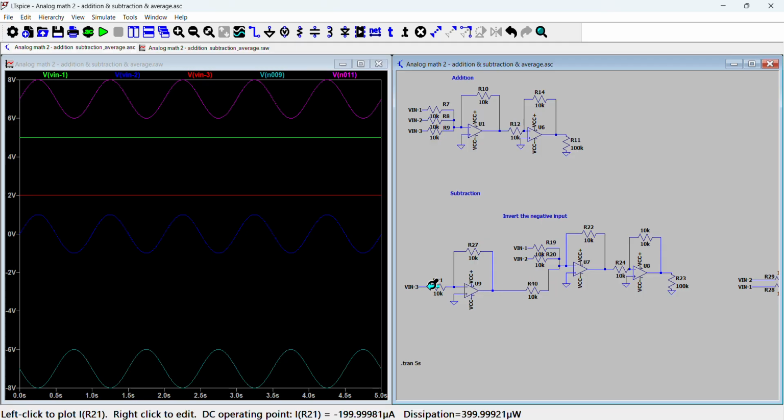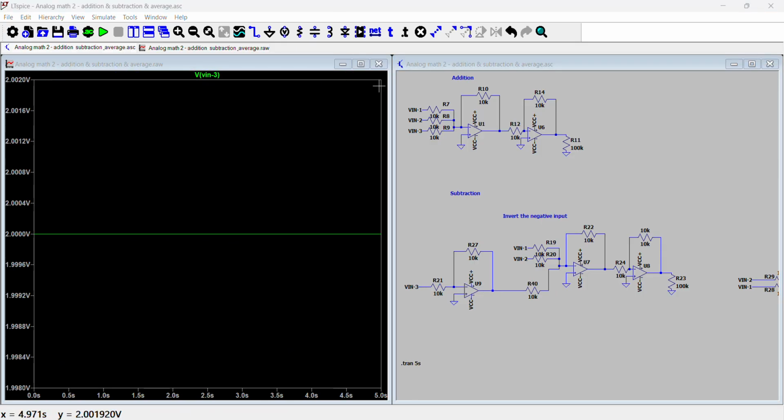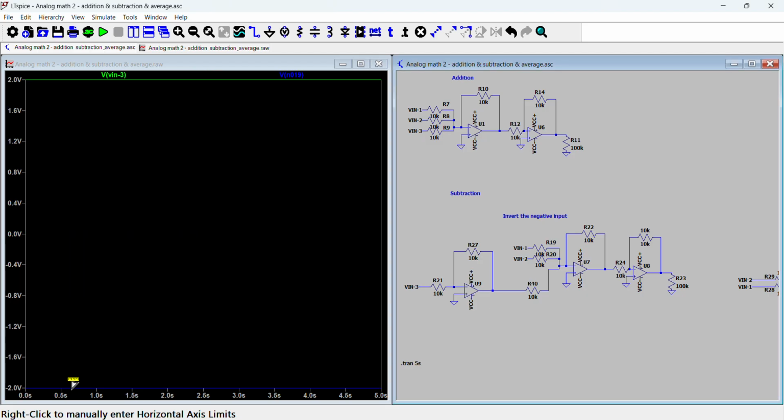Let me demonstrate. The input to V3 is 2 volts, and then the output is minus 2 volts in this blue line at the bottom. And now we can basically use the same summing circuit to add this voltage plus the negative of this voltage, which is to minus it. I'll demonstrate that.